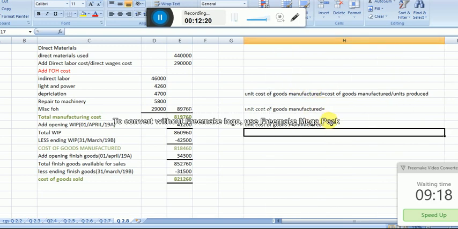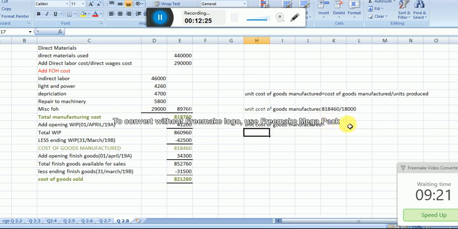Now look, it is equal to this amount, the cost of goods manufactured, divided by 18,000 units. So the per unit cost is now 45.47. That is the per unit cost. So this was our second requirement.